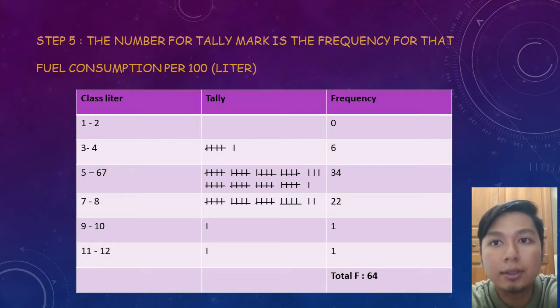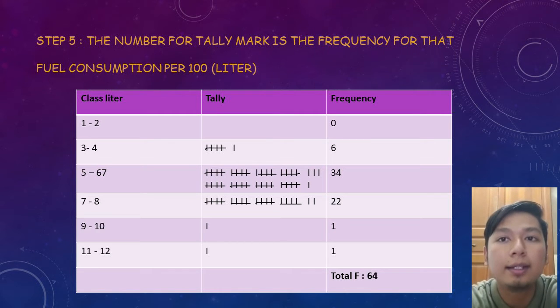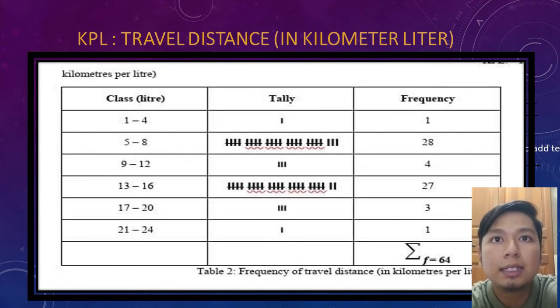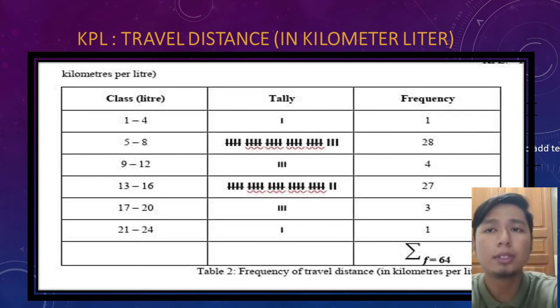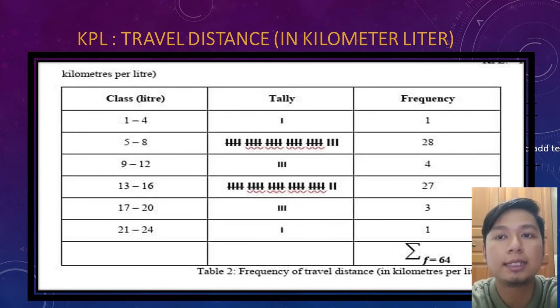The total frequency we get is 64, the same number that I presented earlier. In slide number 6, for travel distance in kilometers, we have the same items: class, tally, and frequencies. The total value is still the same number, which is 64.